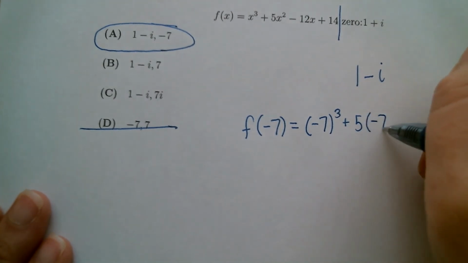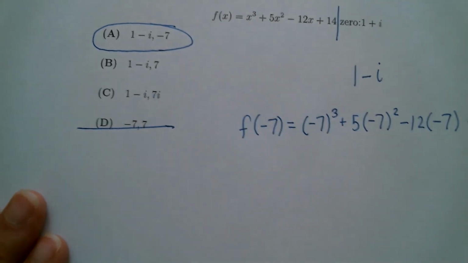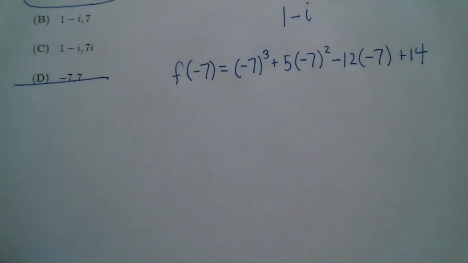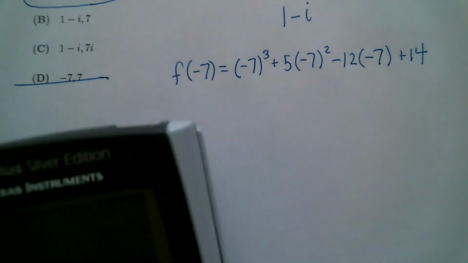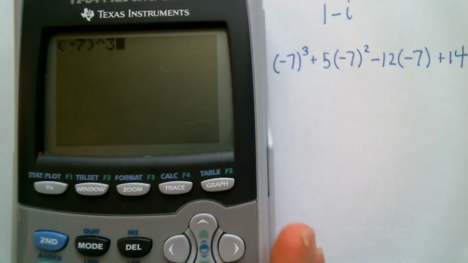It suffices to just look at your calculator for this, but I'll go ahead and show you that this does work. Plug -7 into the function. You should get an output of 0 to confirm that that is an x-intercept. So let's do that real quick. Hopefully you can see that. -7 cubed, -7 has to be in parentheses to take care of that negative appropriately.